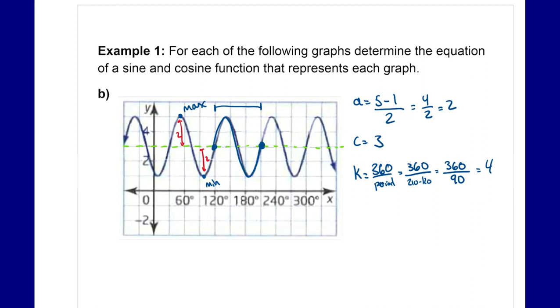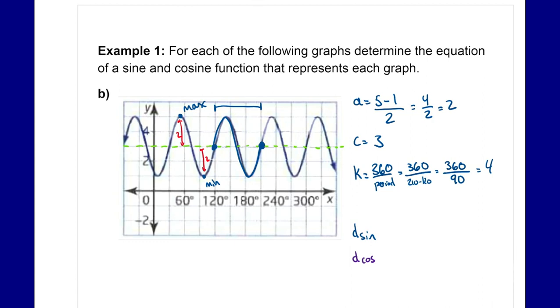Now, the last thing we have to do is look for our D values. So again, there are two D values. The D value of sine and the D value of cosine. I think I color-coded these a little bit differently on the last one, so let me keep it consistent. D value of sine, D value of cosine.